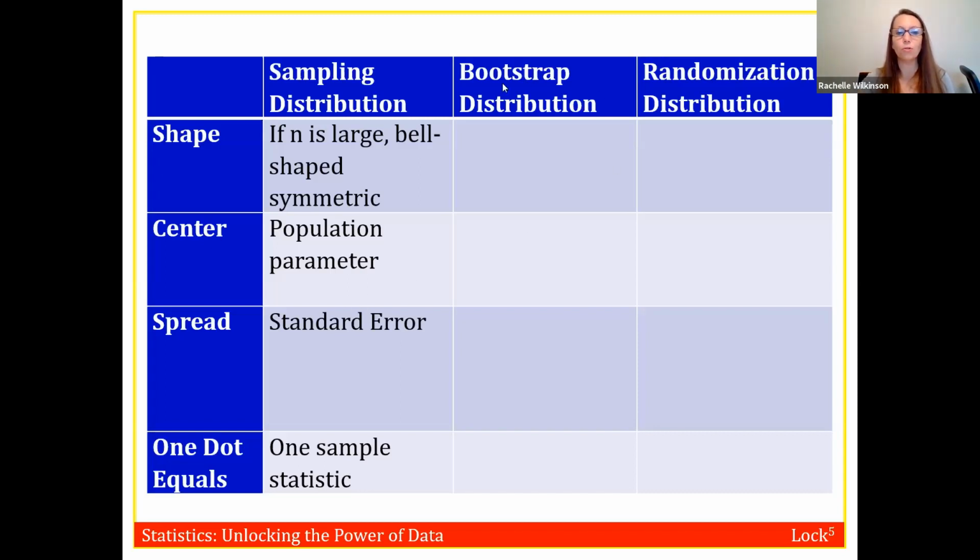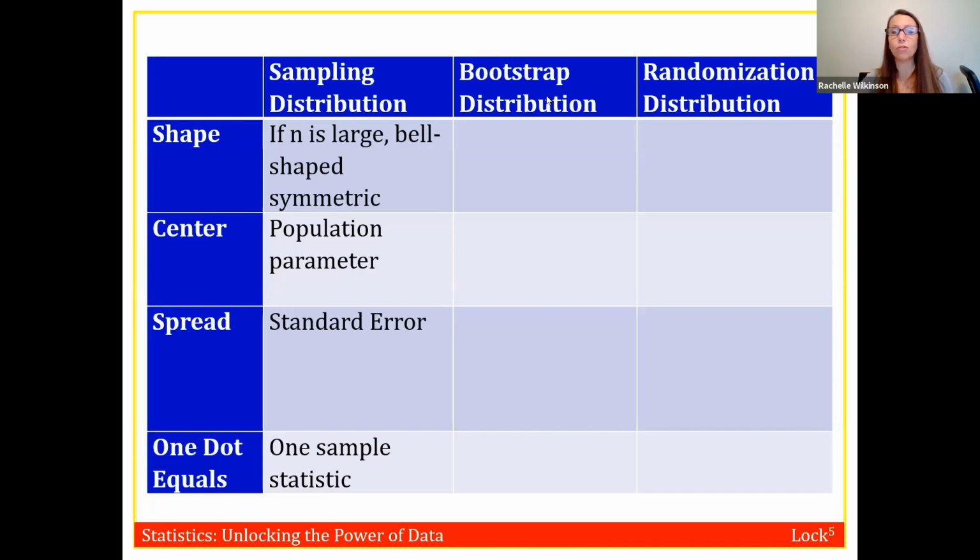First I should mention, the spread of the sampling distribution we call the standard error. That's basically just the standard deviation of the sampling distribution, but we give it that special name of standard error.